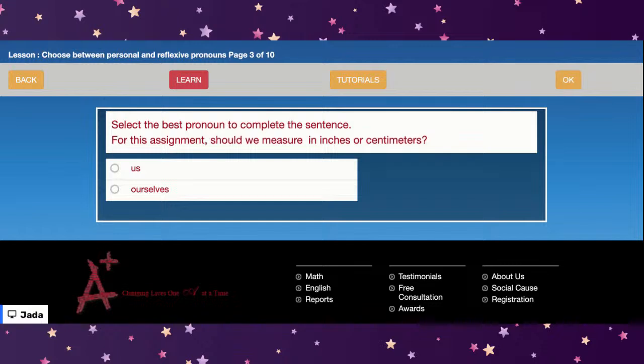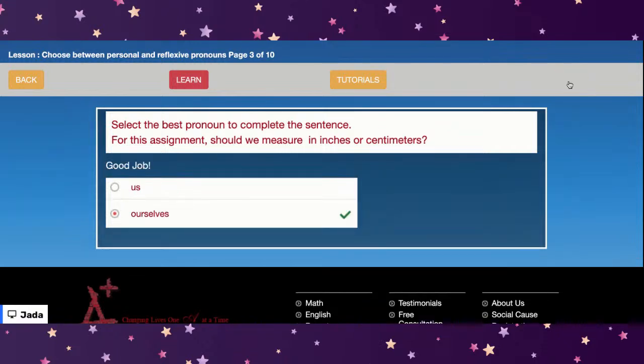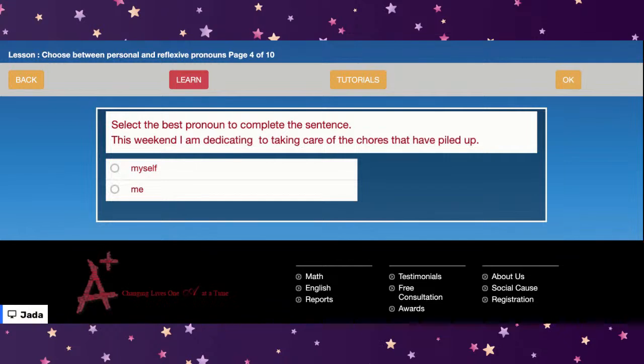From the assignment, should we measure dash in inches or centimeters? Should we measure ourselves? Because we have we. Remember that we goes with ourselves for the reflexive pronouns. So, should we measure ourselves? This weekend, I am dedicating dash to take care of the chores that have piled up.